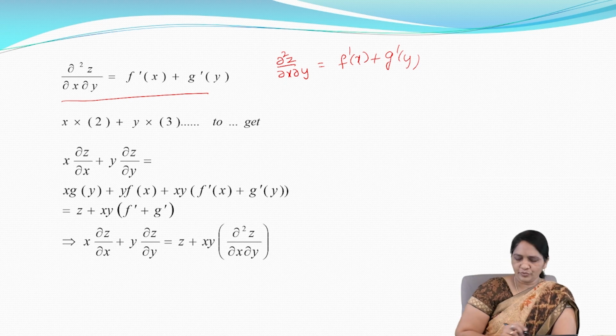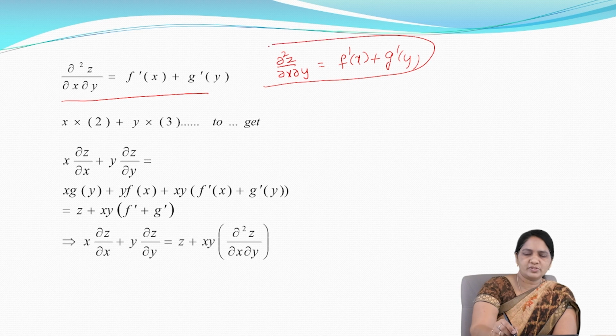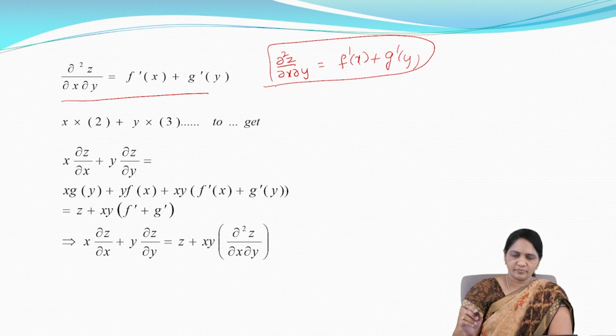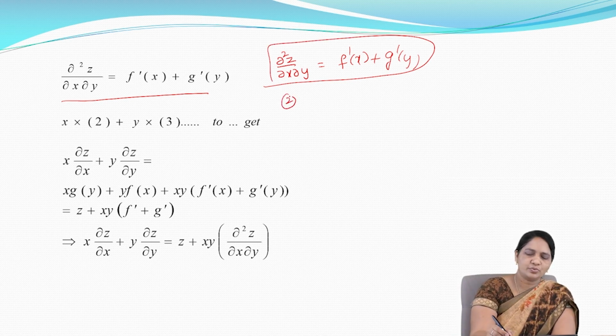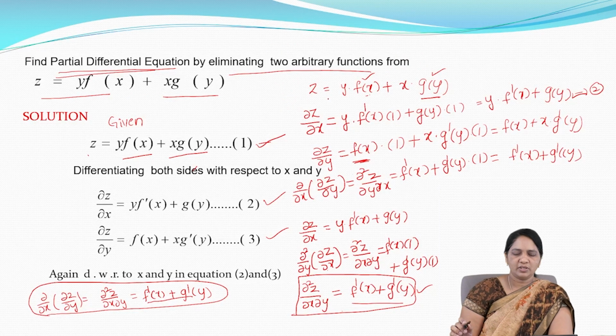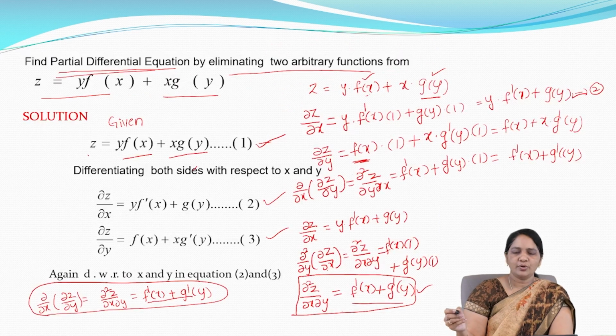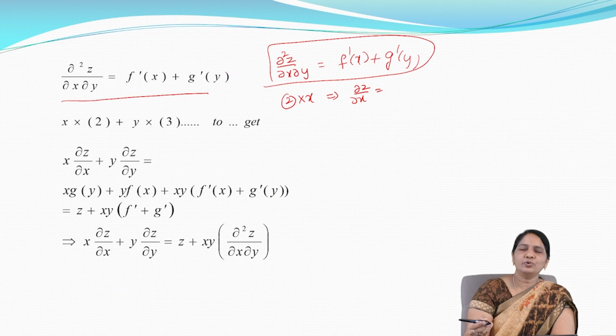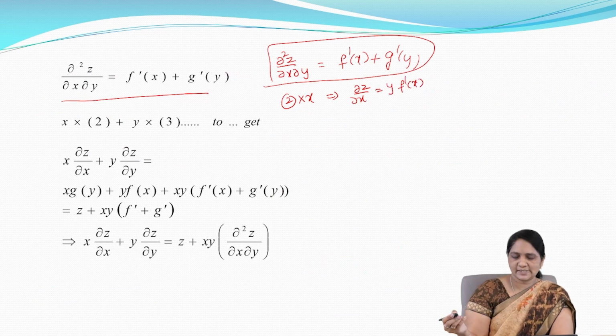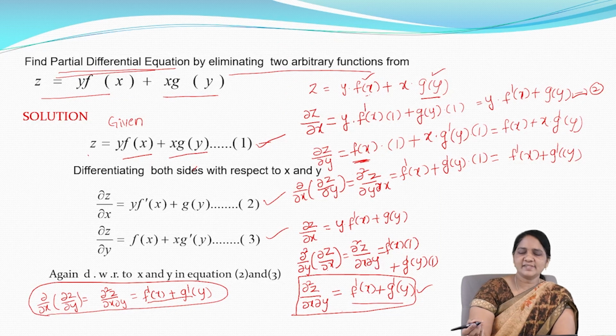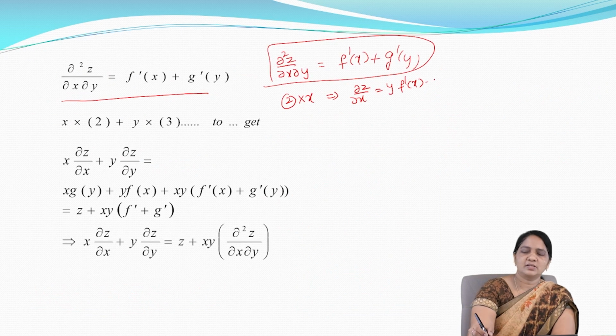Now, after getting this value, I am going to do the simplification. What does that simplification mean? Equation 2 is multiplied with x. What is equation 2? Here we can see ∂z/∂x = y f'(x) + g(y).